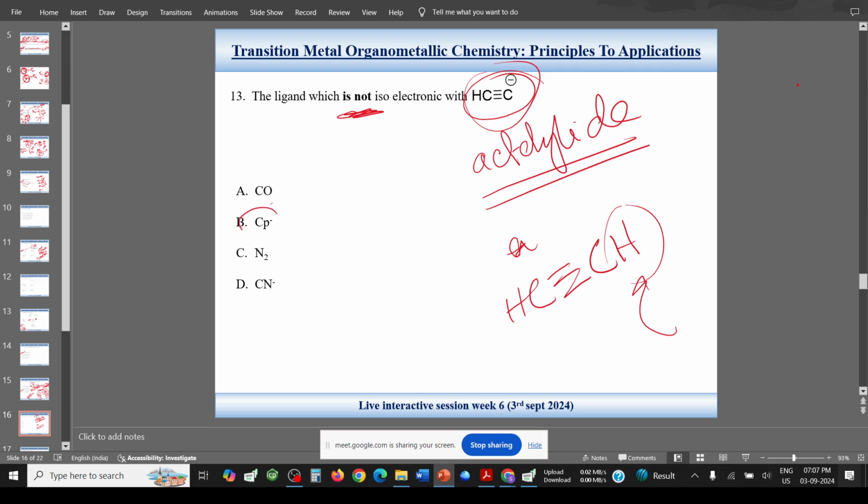Cp minus. Then what? Tell me the total number of electron count for this. Your answer is right. Cp minus. Hmm? 5.